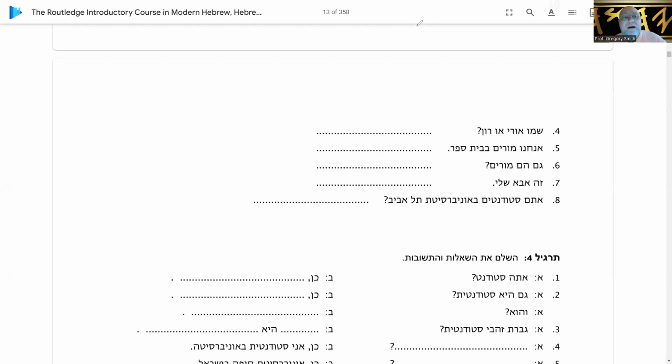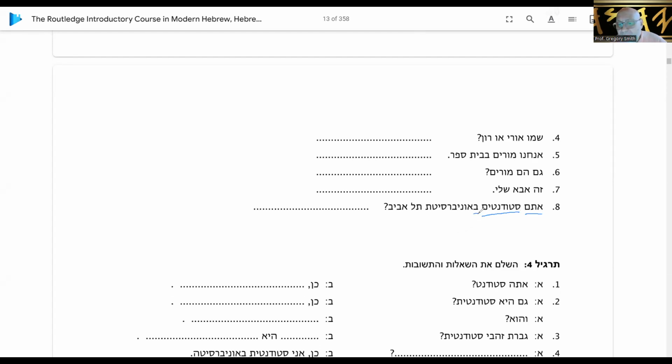Okay, so now we've got ata studentim beuniversitat Tel Aviv. Okay, so atem studentim beuniversitat Tel Aviv. Studentim is going to change. Atem is going to change.